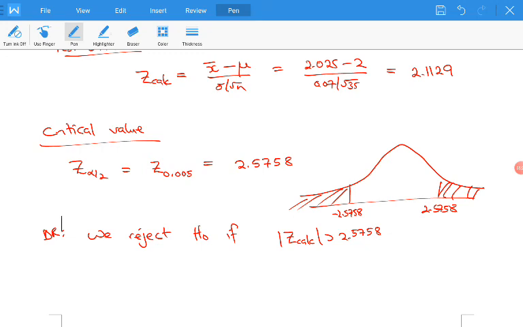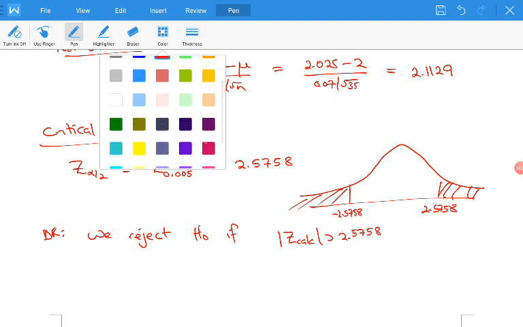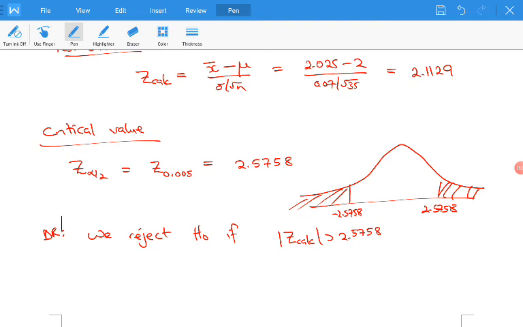Here we can see that the test statistic is falling somewhere here, and it means that we are going to fail to reject the null hypothesis. But we want to use the p-value to determine our hypothesis. So let's do the calculation for the p-value.